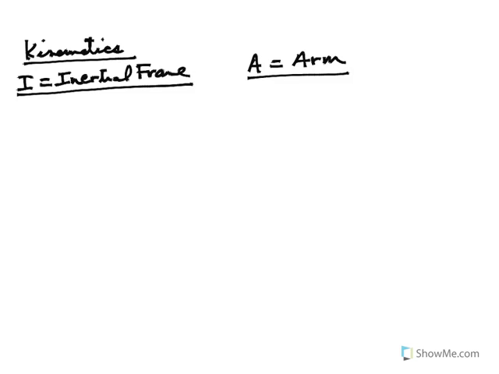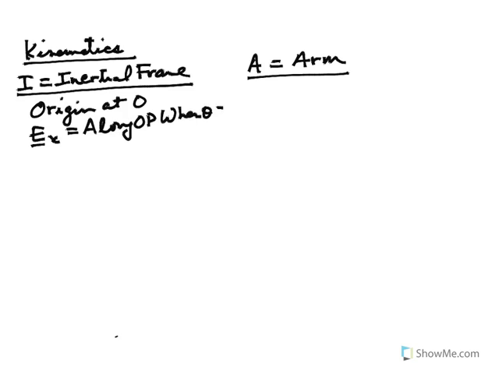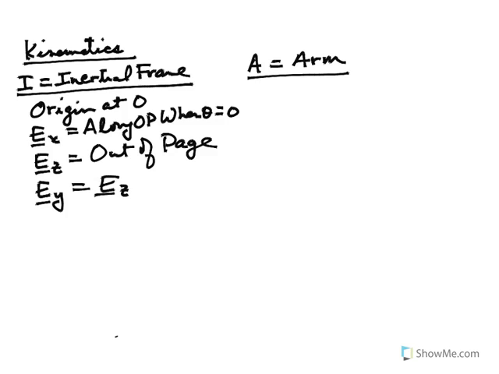Now the inertial frame has a coordinate system with its origin at O. EX is going to be along OP when theta equals 0. And then EZ is going to be out of the page. And then EY is going to equal EZ crossed with EX.